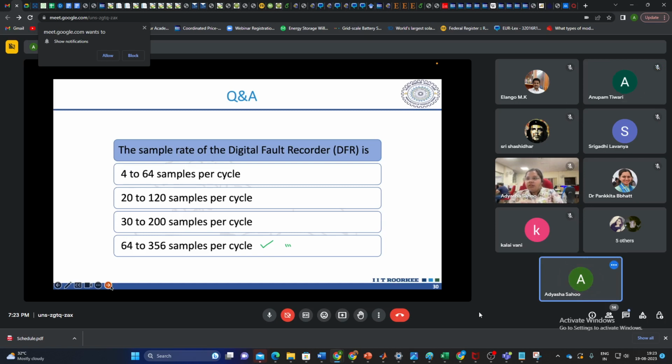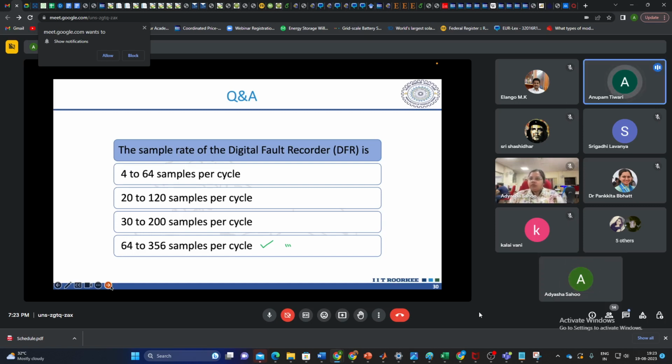Let's say it is at some substation and it sends to the control center. If the control center requests some higher rate, whether that is possible or not, I am not sure. Basically these must be the standards that they are following.